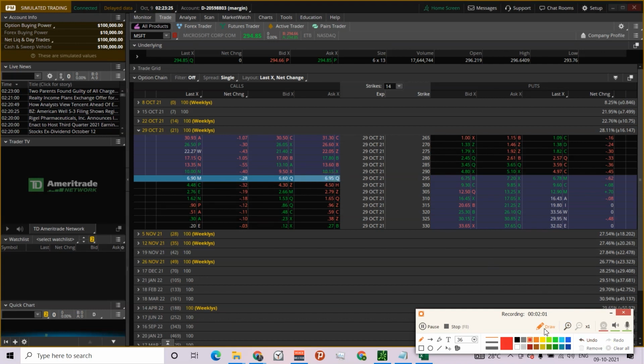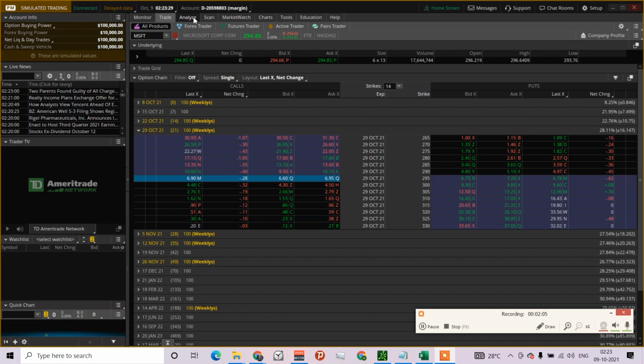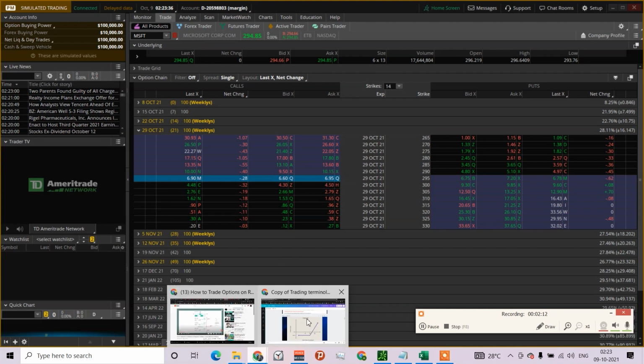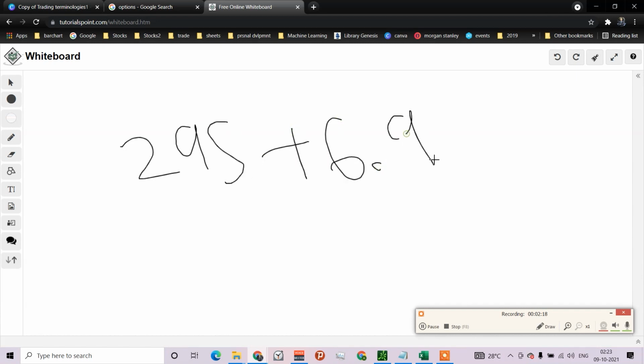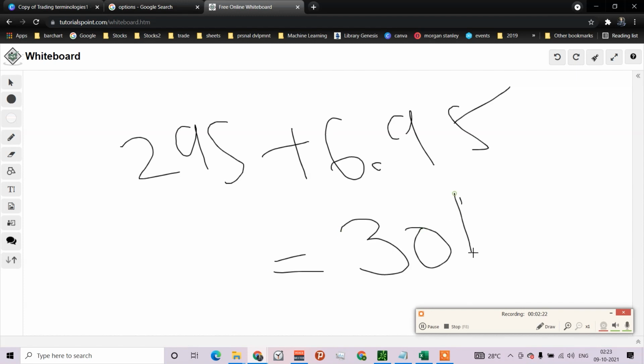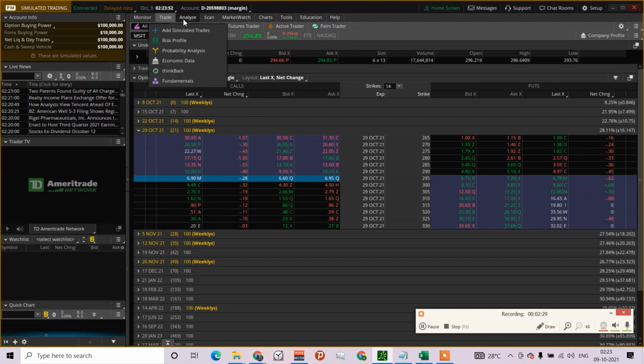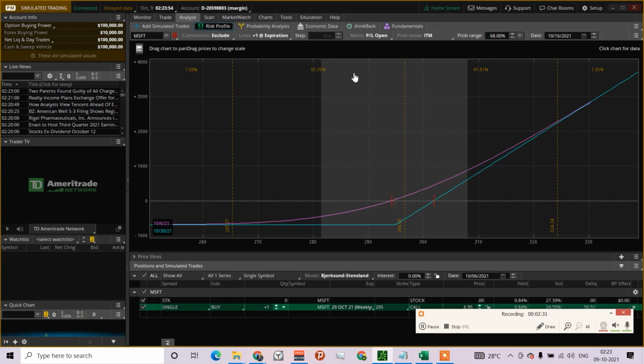So basically one can say that it needs to be above 295 plus 6.95 to be profitable. So 295 plus 6.95, we will reach approximately 301.95. Now I'll show you in this risk analysis graph how we can look into this.